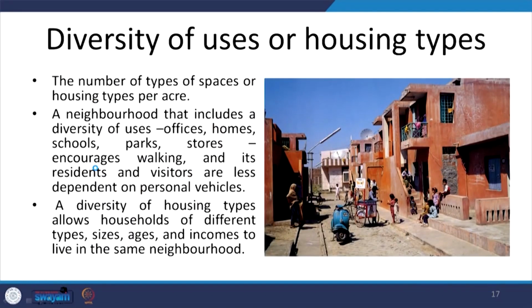The next is diversity of uses and diversity of housing types. Any development which has a mix of different land uses, commercial, residential, institutional, office buildings, reduces the requirement of a person to travel larger distances, the requirement for transportation.